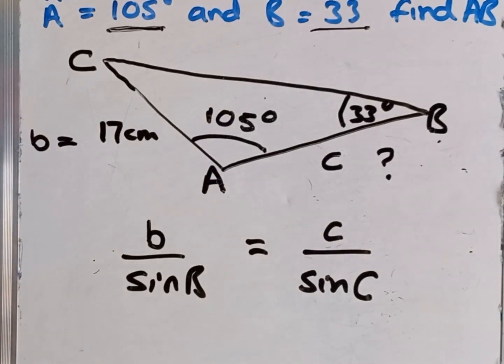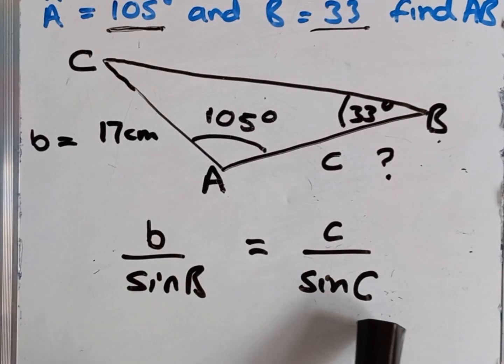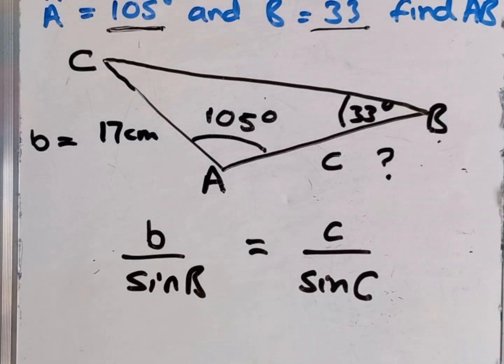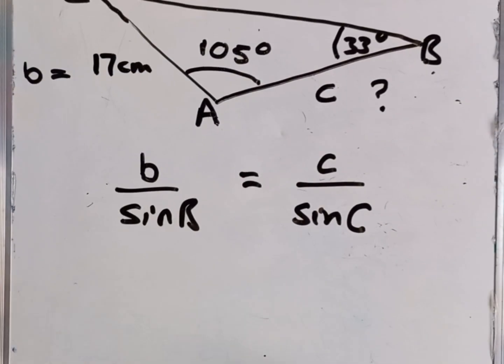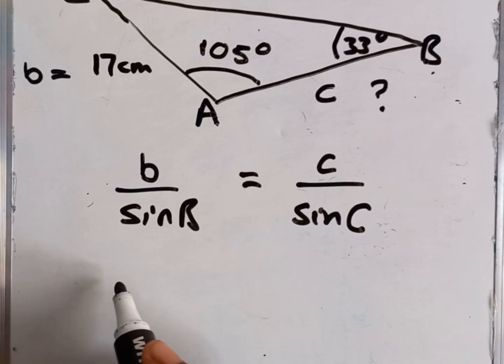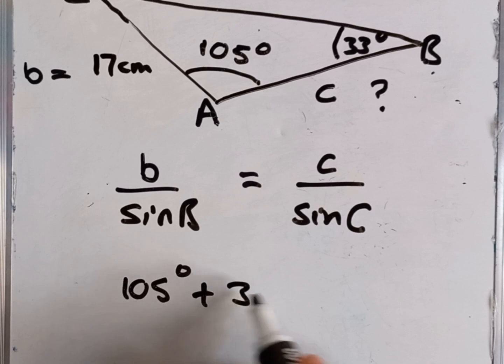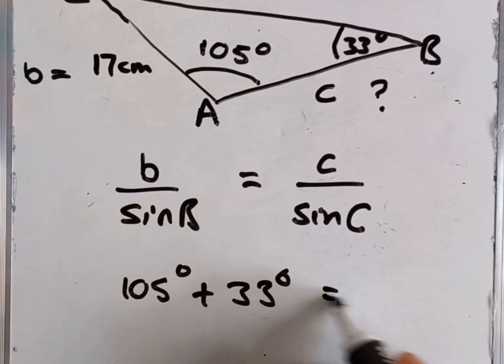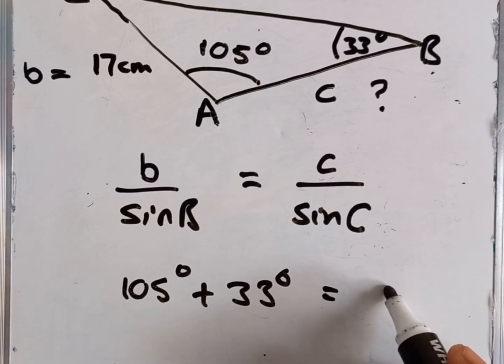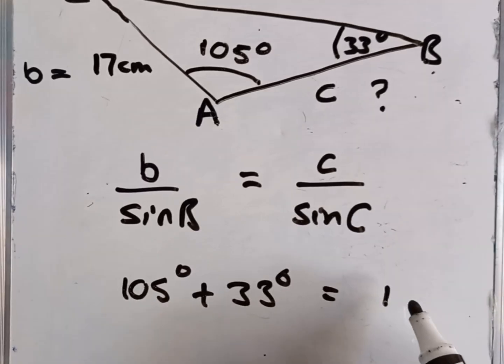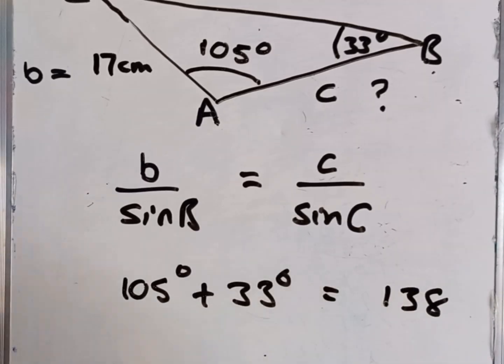We are going to first find the angle C such that we can substitute it here. How are we going to find our angle C? We first add 105 degrees plus 33 degrees, and we get 138, right?